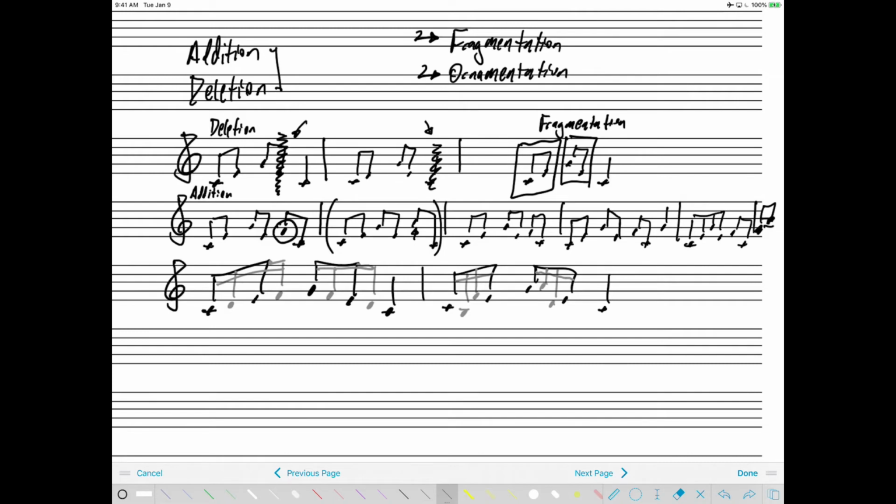So originally, that becomes ornamented with, or perhaps we even want to add another little appoggiatura right there. Something like that.